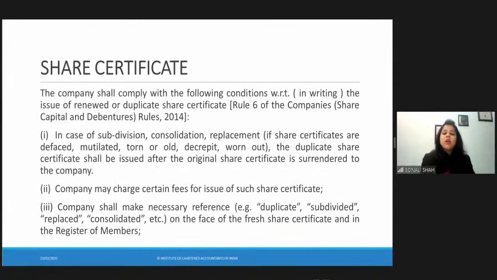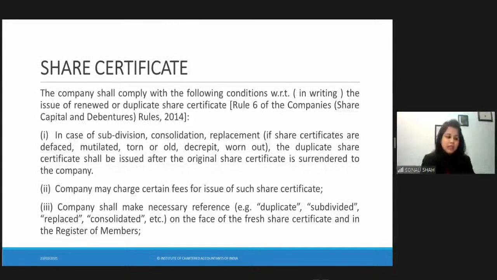So further, whenever a company is issuing a share certificate, they have to comply with certain conditions with respect to issue of a renewed or duplicate share certificate. These rules are provided for in Rule 6 of the Companies (Share Capital and Debentures) Rules, 2014.